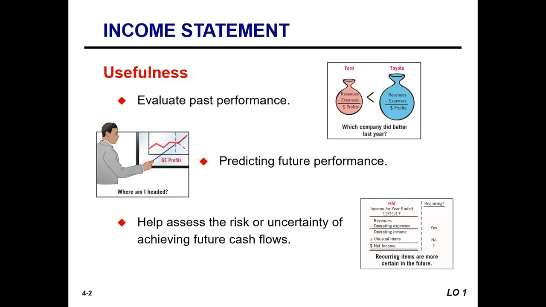So we're able to see from some of these items if we determine that the company, for example, has a healthy net income, or if there's been a net loss, the possibility of achieving future cash flows.